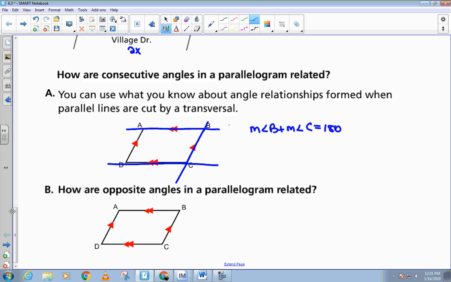Okay, so then what if I look at AD and BC, parallel lines cut by AB? What can I say? They're supplementary also. So the measure of angle A plus the measure of angle B equals 180. And honestly, I could go all the way around, couldn't I?